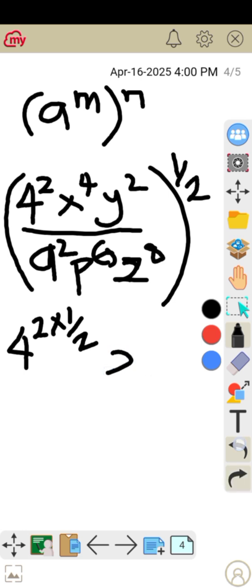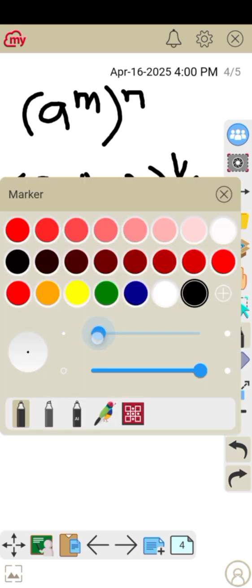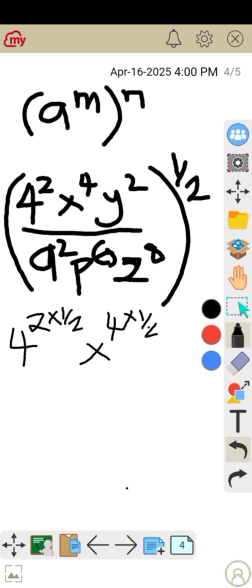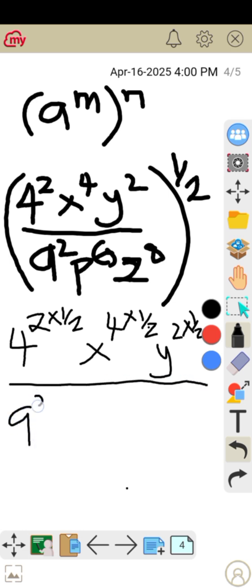Sorry, let me reduce my font a bit. Okay, good. Now I have 4 raised to the power of 2 multiplied by 1 over 2, x raised to the power of 4 multiplied by 1 over 2, y raised to the power of 2 multiplied by 1 over 2, all divided by 9 raised to the power of 2 times 1 over 2.